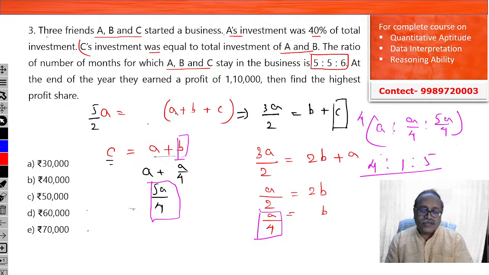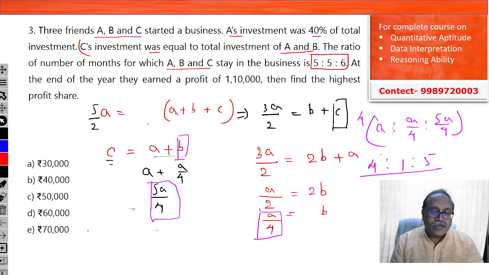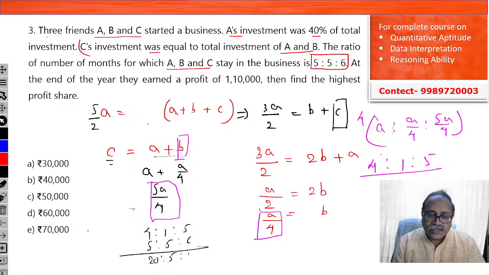Now, what is happening next? So you got the capital ratio. The capital ratio is 4 is to 1 is to 5, and the time ratio is 5 is to 5 is to 6. The total: 4 into 5 is 20, 1 into 5 is 5, and 5 into 6 is 30.